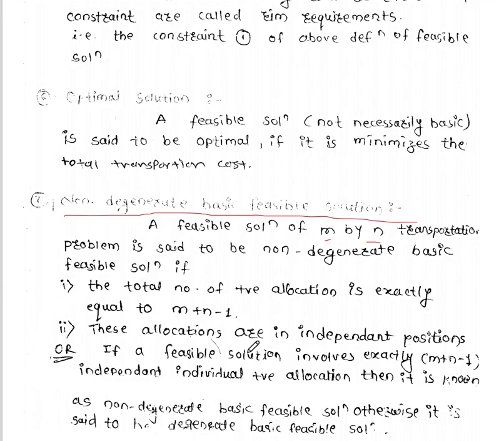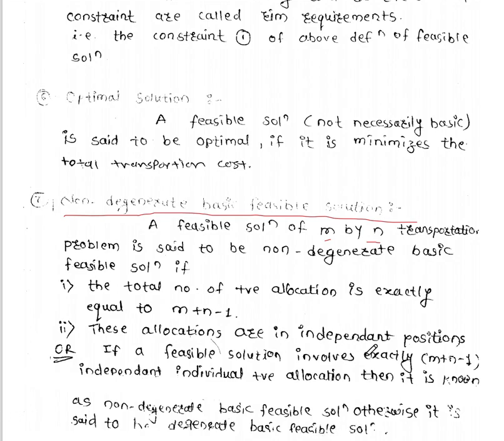How many allocations should there be? m plus n minus 1, number of rows plus number of columns minus 1, and the second condition is that all the allocations should be in independent positions. Another way we can say it: if a feasible solution involves exactly m plus n minus 1 independent positive allocations, then it is known as a non-degenerate basic feasible solution.